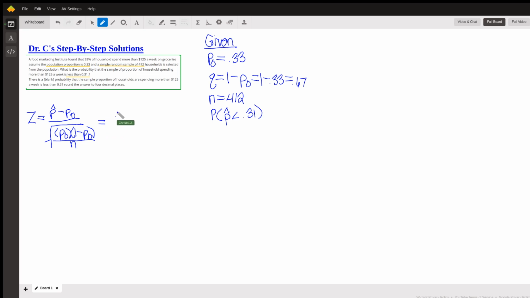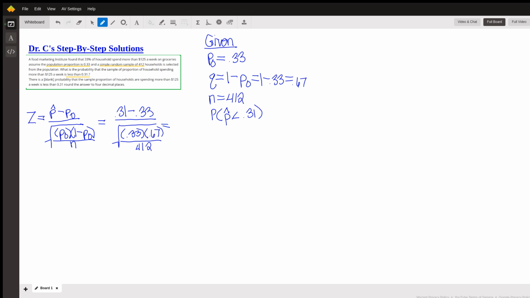So we have 0.31 minus 0.33 over the square root of 0.33 times 0.67 over 412. I always advise students to solve under the radical first.